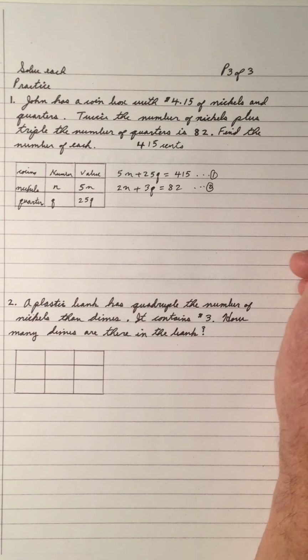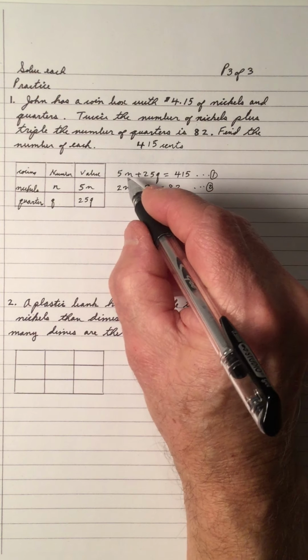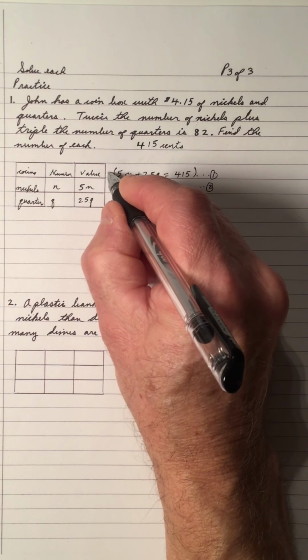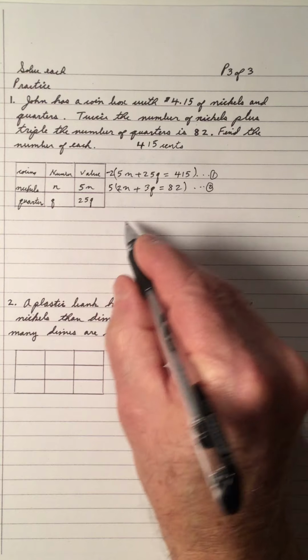So what we can do here is already lined up, so I'm going to do elimination. And it's better to multiply this one by -2 and multiply this one by 5. Let's put it down here.